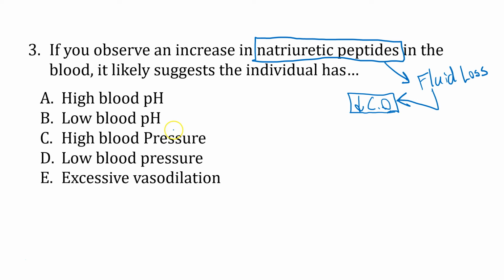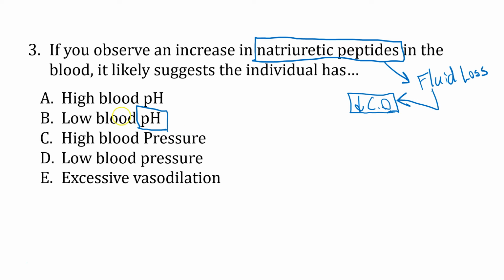And usually cardiac output doesn't necessarily have anything to do with blood pH. Now, I will say that if you have a low blood pH, your blood is acidic, it generally means that there's too much CO2 in the blood, and so your cardiac output is actually going to increase because you want to get more blood going to the lungs and back.